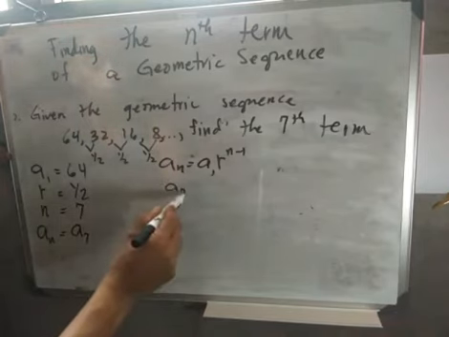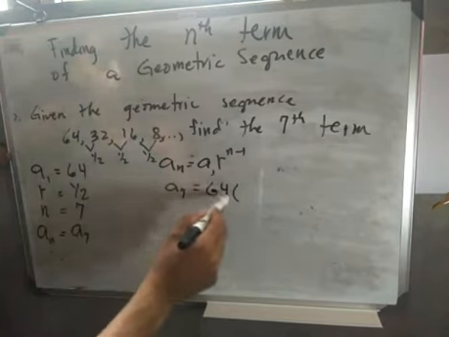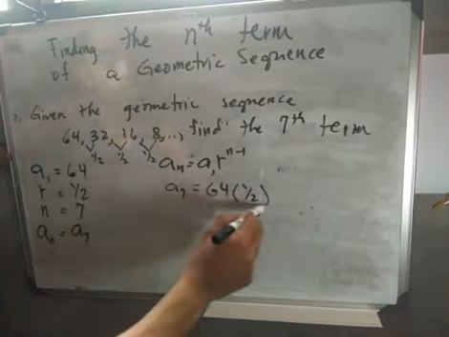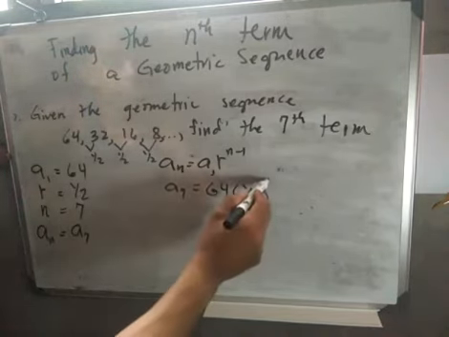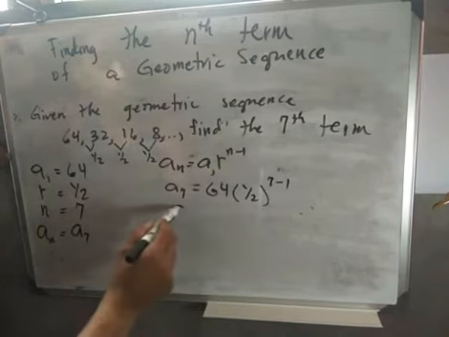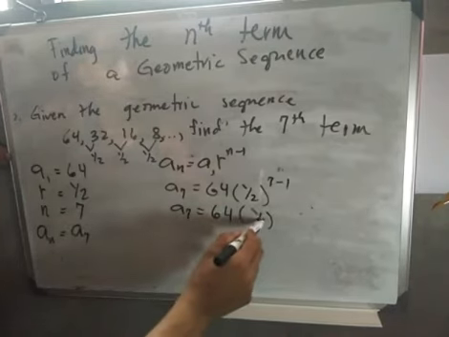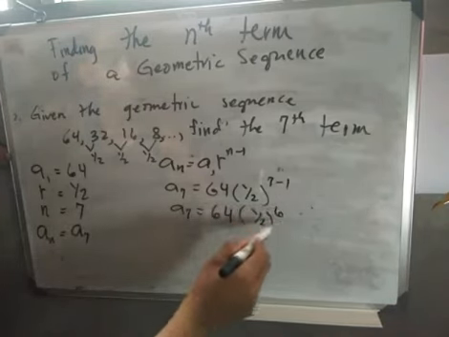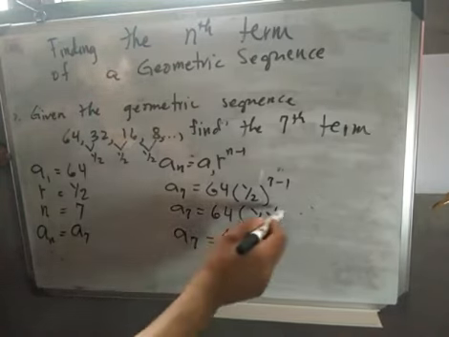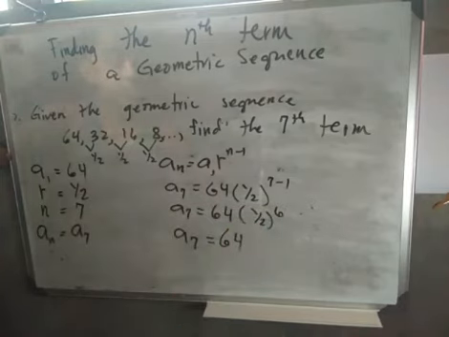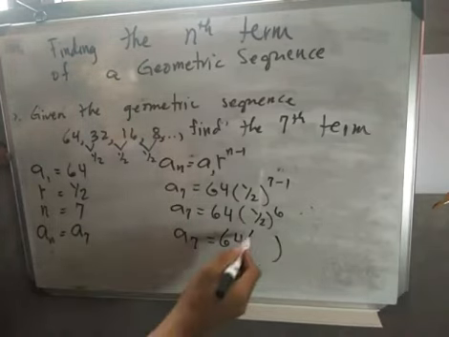So, we have a sub 7 equals the first term, that is 64, times the common ratio, 1/2 raised to yung n natin, that is 7 subtracted by 1. So, a sub 7, that is still 64 times 1/2 raised to 7 minus 1, that is 6. Then 1/2 raised to 6, that is 1 times 1 times 1 times 1 times 1 times 1, that is 1.